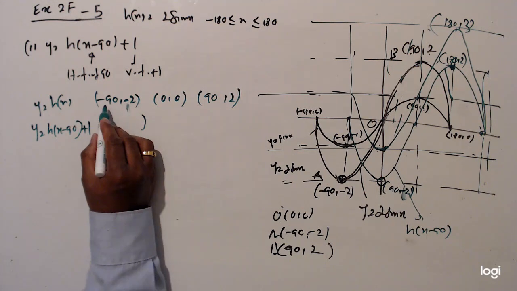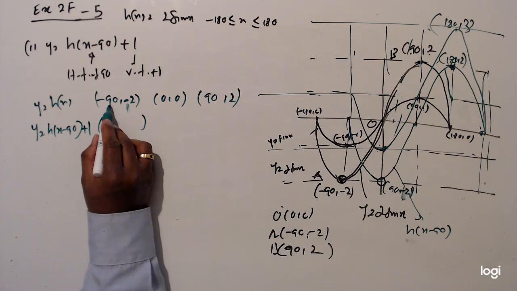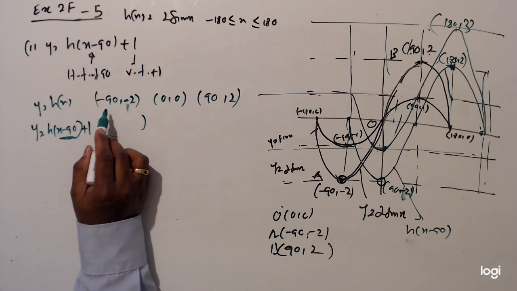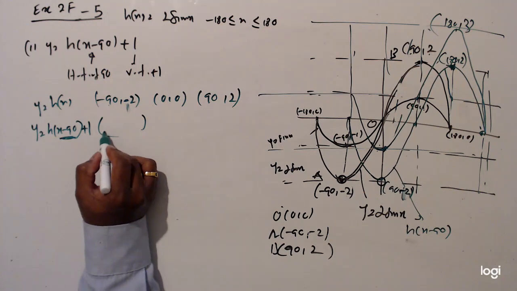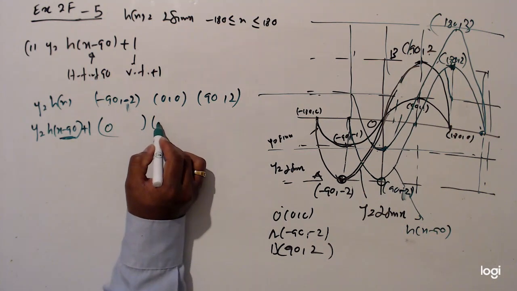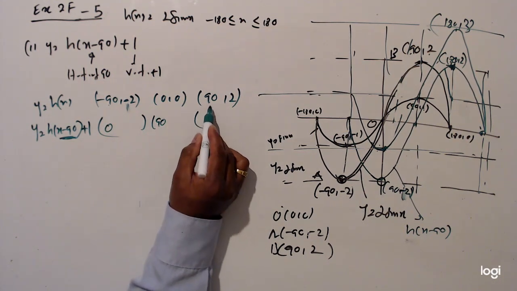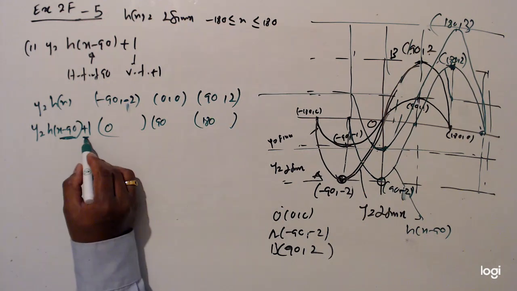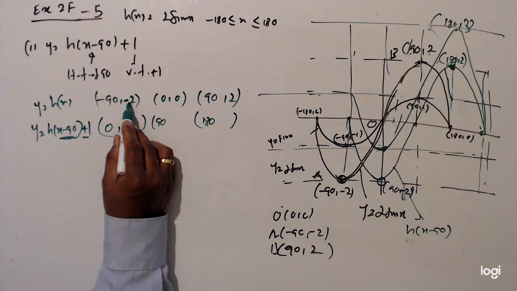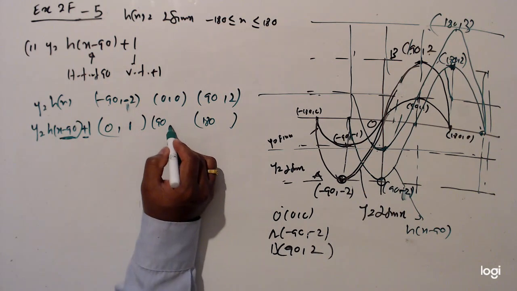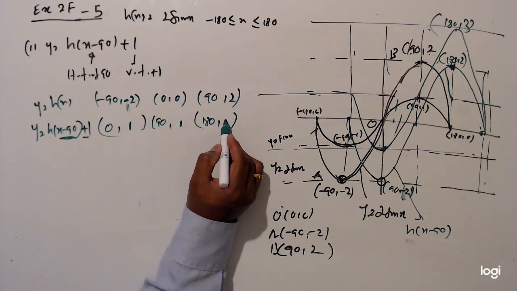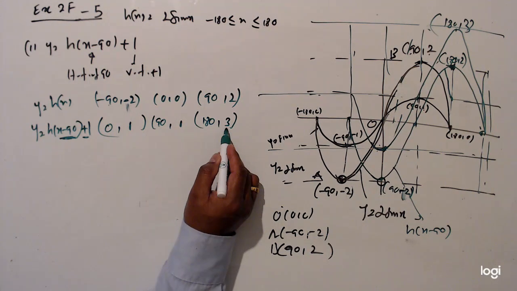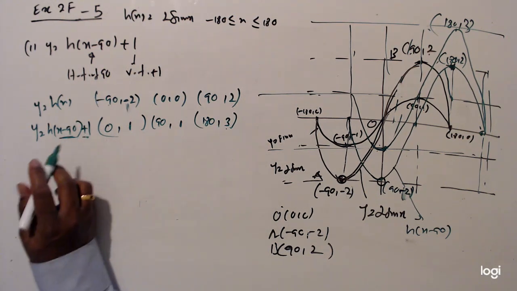So for the x values, this is the horizontal translation: minus 90 plus 90, 0, 0 plus 90 is 90, and 90 plus 90 is 180. And from here, we are adding 1 to this one. So minus 2 plus 1 is minus 1, 0 plus 1 is 1, and 2 plus 1 is 3. So those are the changes.